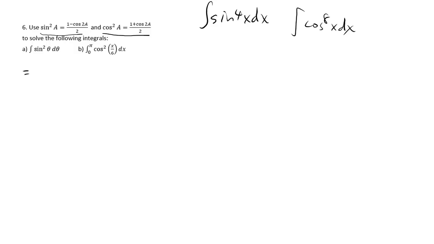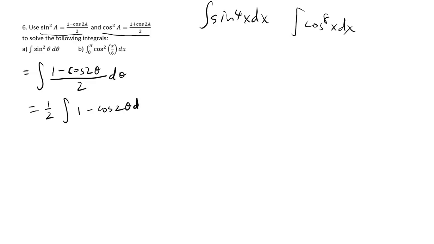Since this is integral of (1 minus cosine of 2 theta) over 2, according to this it is now equal to this. The only difference is instead of a, we have theta. And you have d theta, which is, you can pull the 1/2 out, and then you're integrating 1 and cosine 2 theta d theta.